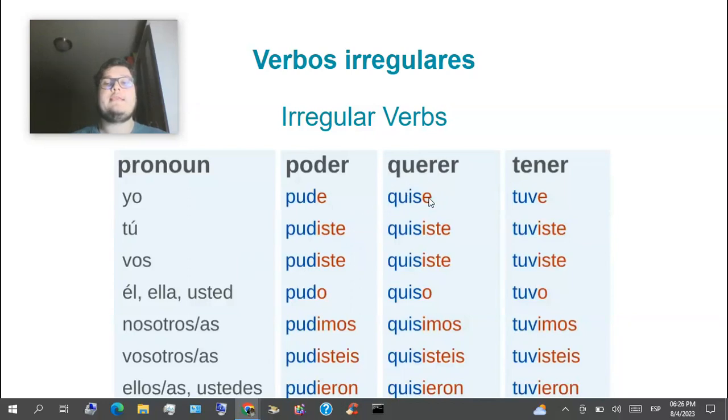Querer, quise. So we say quis. Remember that Q and U join together. It is pronounced like a K. So you say quise. And finally, poder, pude. So we replace the O for a U in the stem of the conjugation in the first person. So it is different, right? Poder, pude. So just try to look at this.